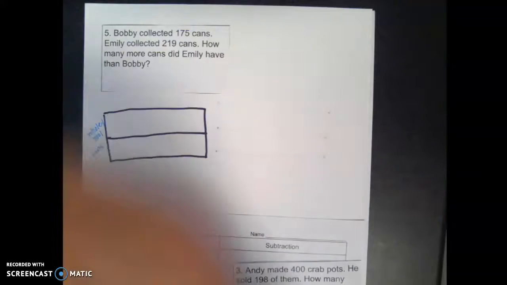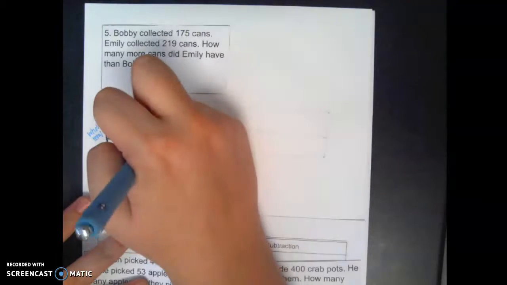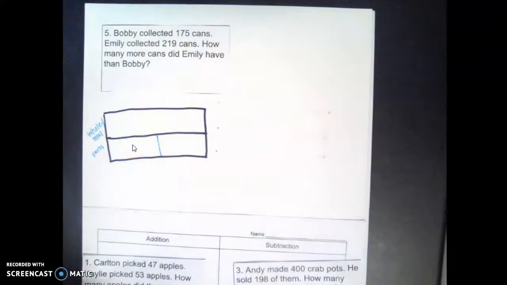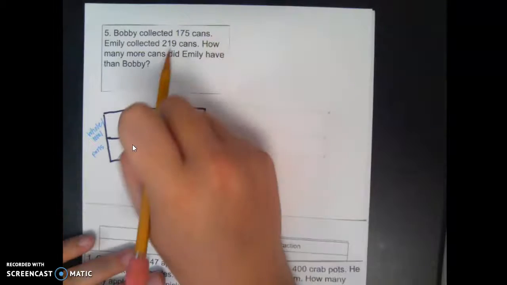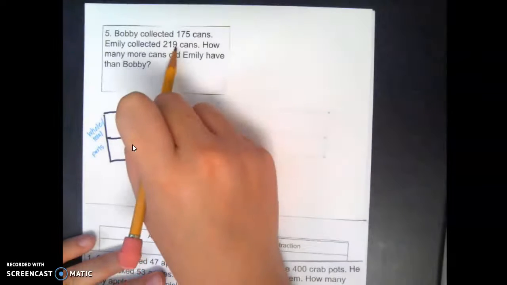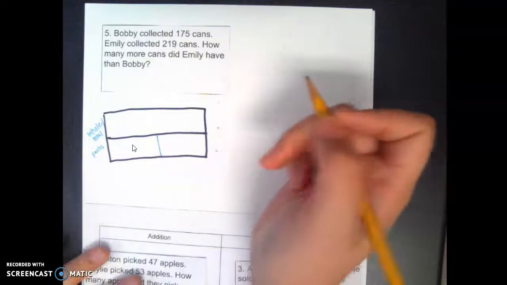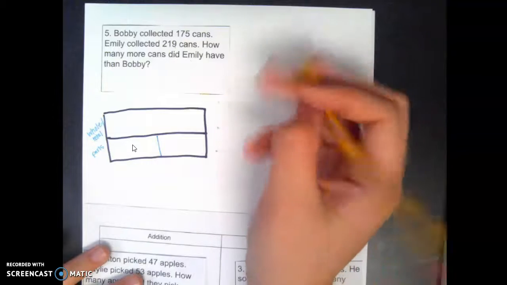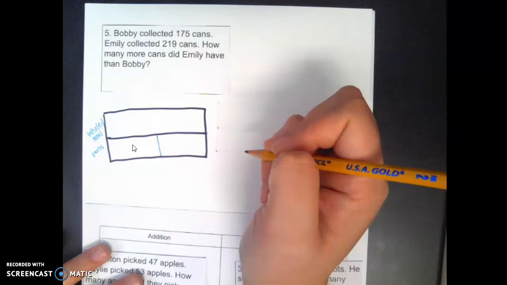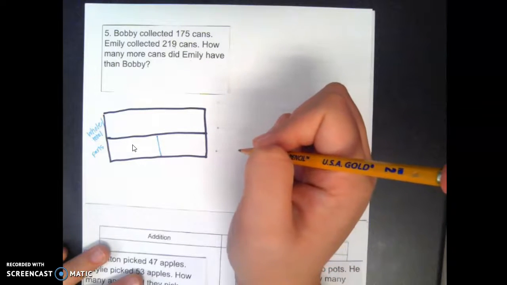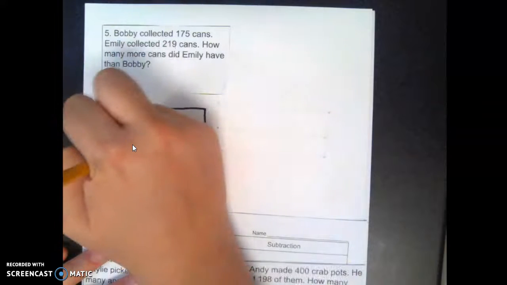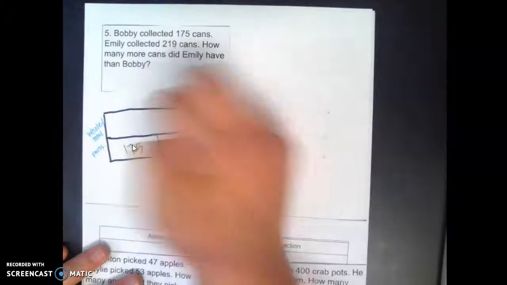I'm going to have two parts, and I want to know, Emily has more than Bobby. I know this, and I'm trying to figure out how many more. So I'm going to plug my numbers in. So I have 175 and 219.